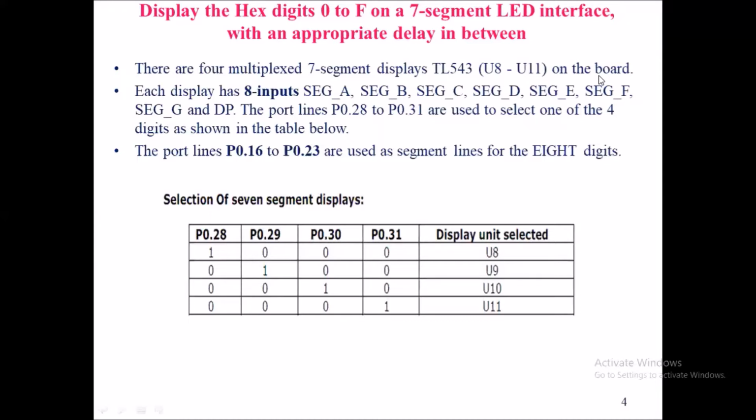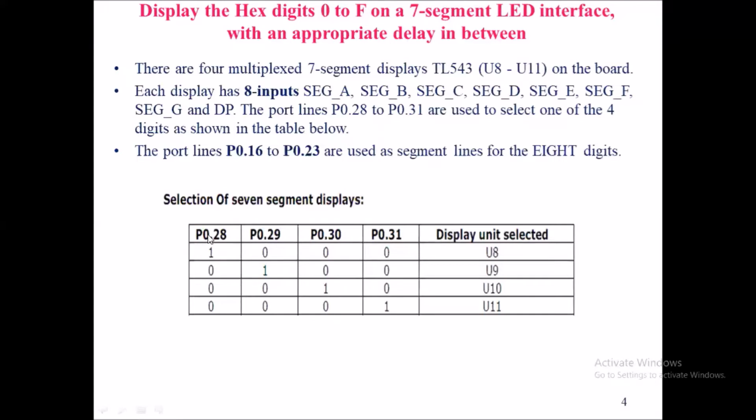The port lines port 0.16 to port 0.23 are used as the segment lines for the 8 segments. As I told, there are 8 segments: the 7 segments are A to G, and the last one is the DP segment. Here you can see in the below table the selection of the 7-segment display.